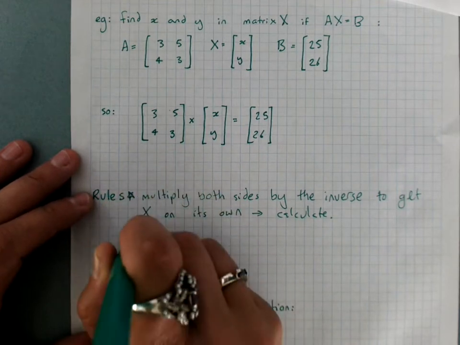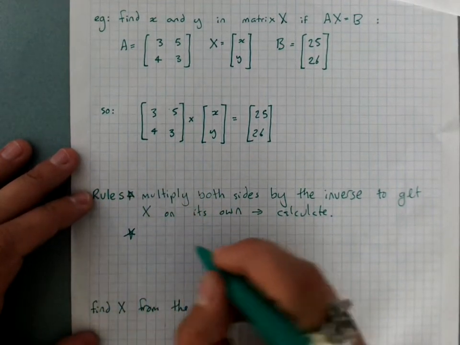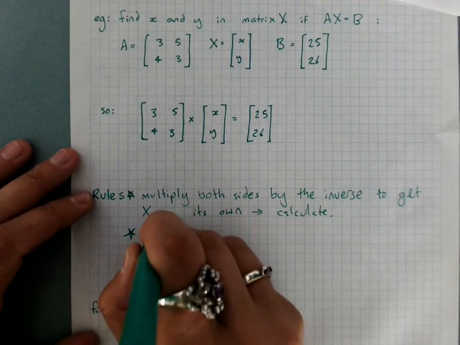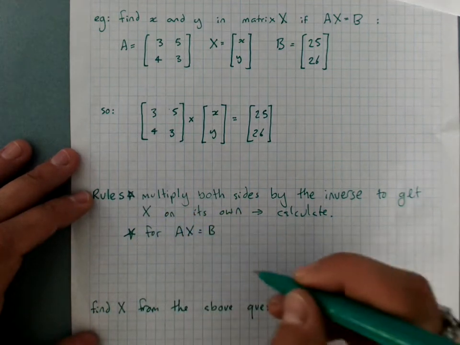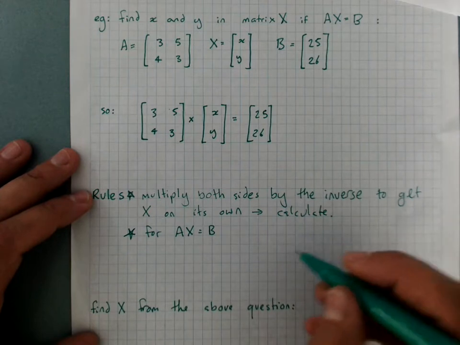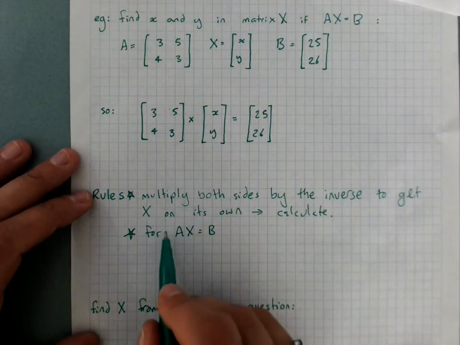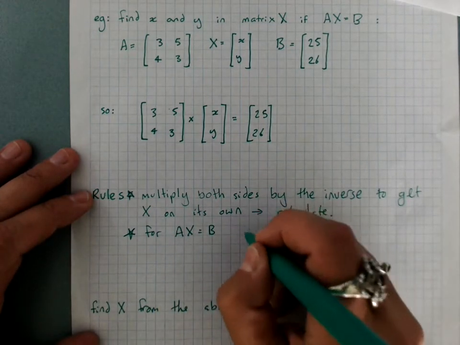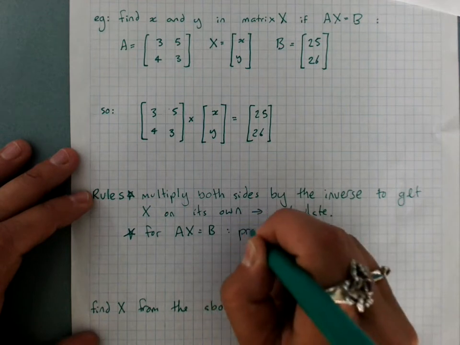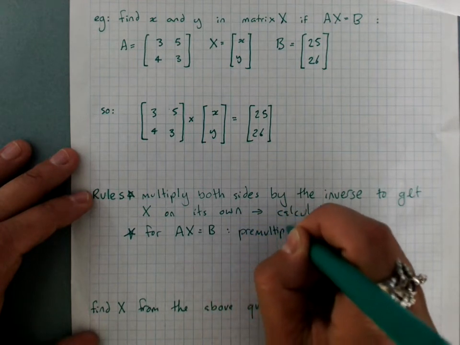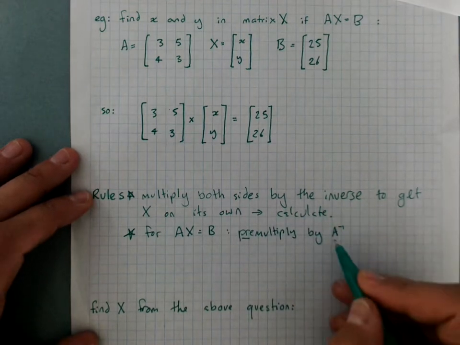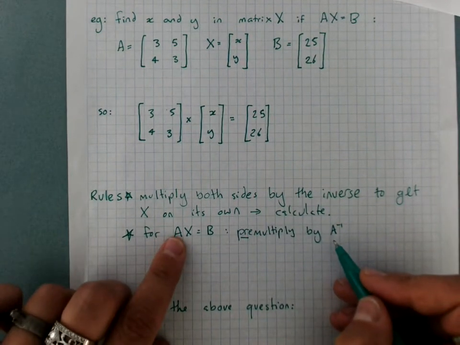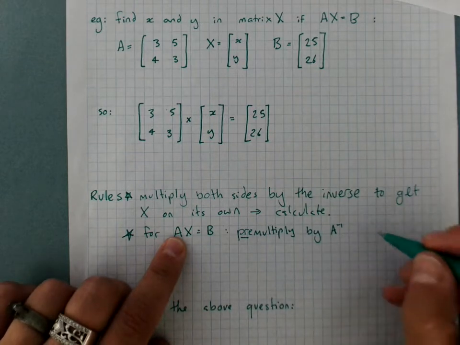So, if it's AX equals B, we do what is called pre-multiplying, that is, multiply at the start. We pre-multiply by inverse A to get rid of A on both sides.